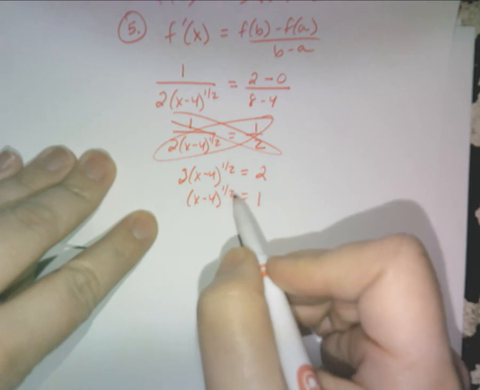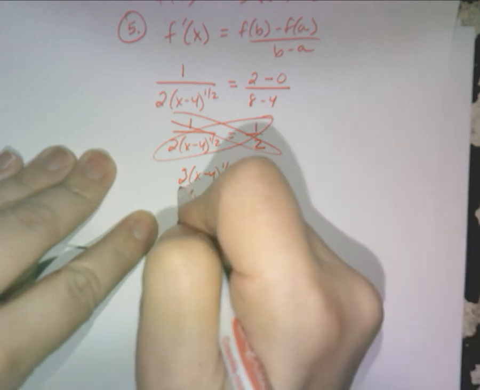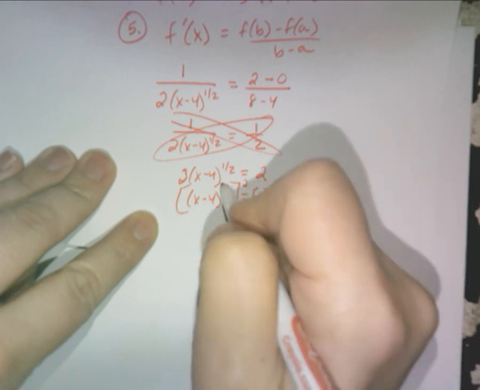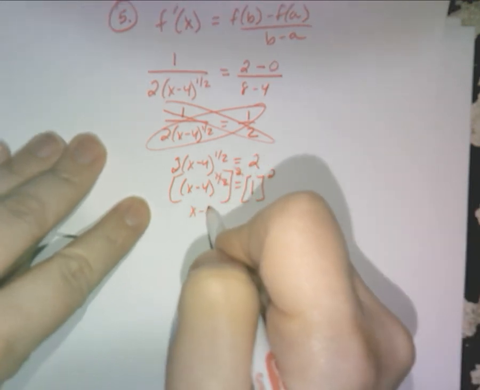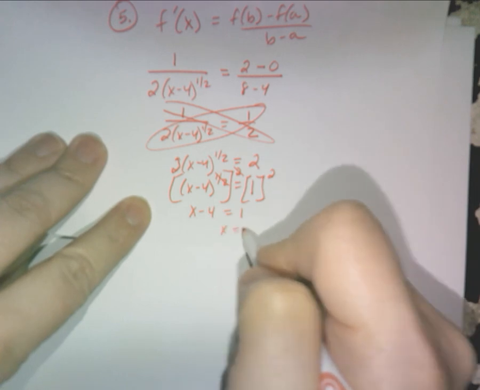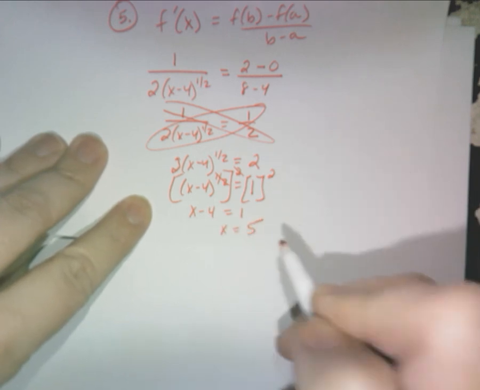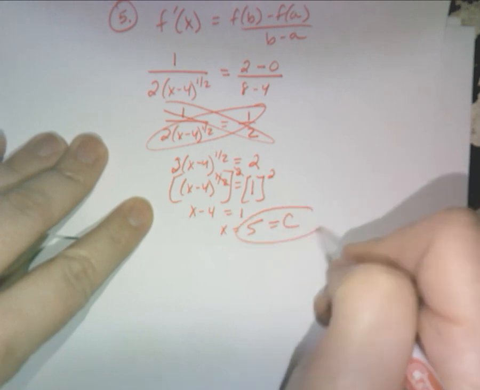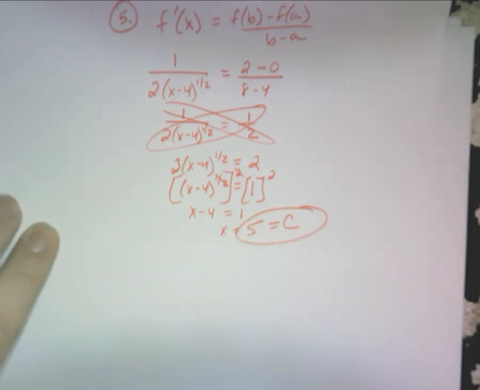How do you undo a 1/2? Square. Square both sides. You get x minus 4 equals 1. And so what does x equal? 5. Is that in the interval of 4 through 8? Yeah. And that is the point where you can apply the mean value theorem.